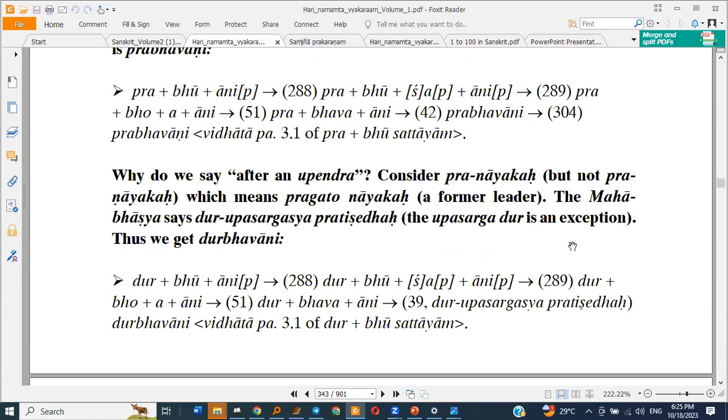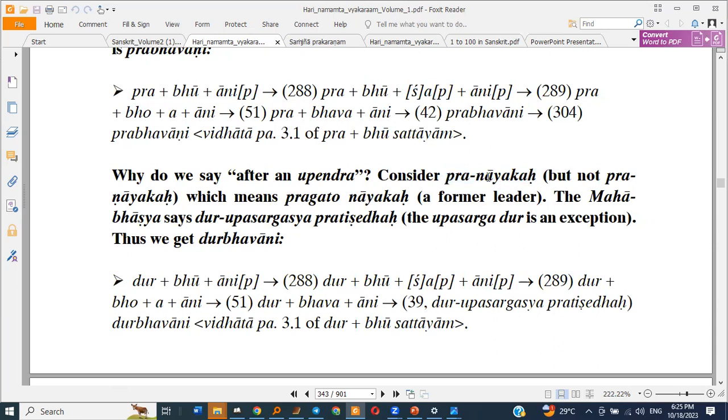Now, Jiva Goswami says, why did we say after an Upendra? So he's giving an example, Pranayaka. Here Na doesn't change to cerebral Na, even though we have this Upendra, this prefix preceding. Why so? Because this is a noun.